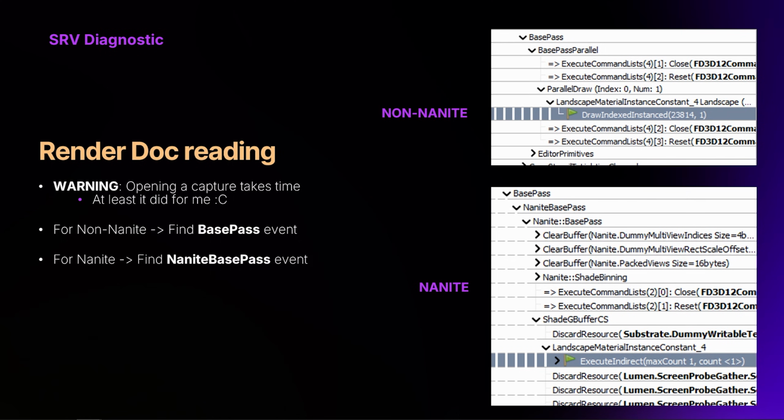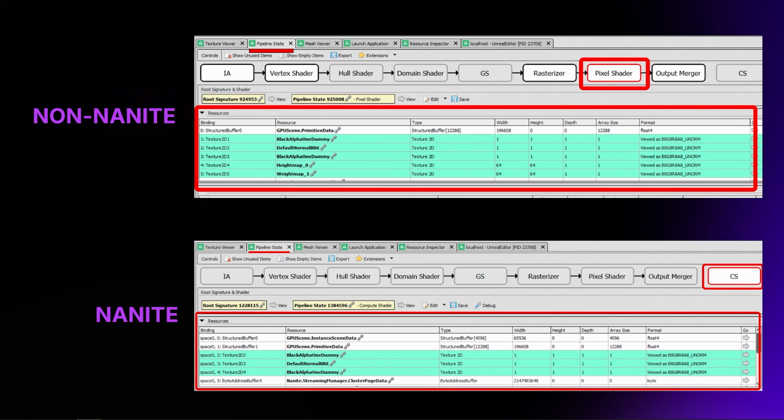And for Nanite, you look for the Nanite base pass. Here you can see how the landscape material instance itself looks in the event list. When you've found that, you can click on it and, in your pipeline state tab, go through the pipeline to the pixel shader for non-Nanite and to CS, which is the compute shader, for Nanite itself.